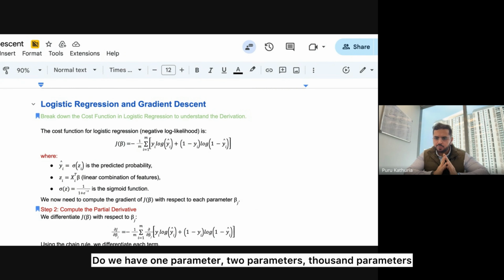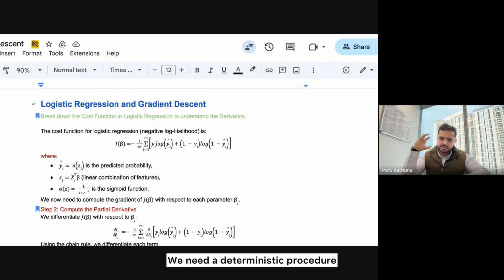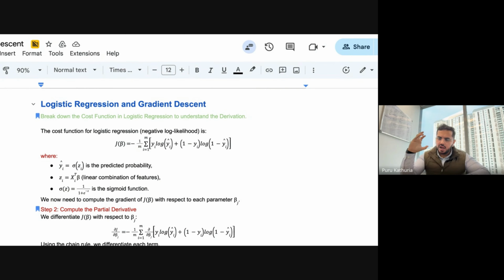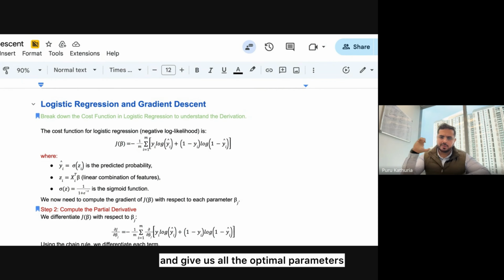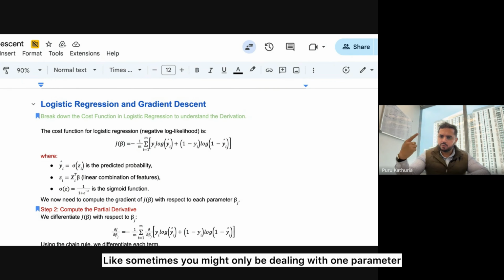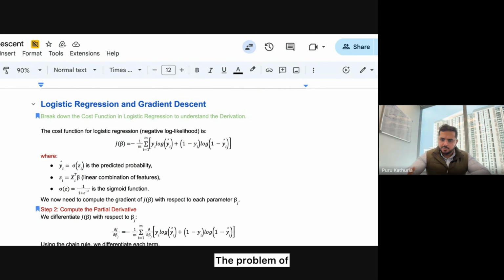Do we have one parameter, two parameters, thousand parameters? We need a deterministic procedure that can minimize the loss function and give us all the optimal parameters, right? Sometimes we might only be dealing with one parameter. The challenge that is going to come after is when we have nested parameters. We'll talk about it when we talk about gradient descent with respect to neural networks.